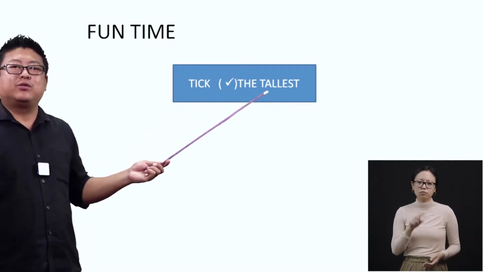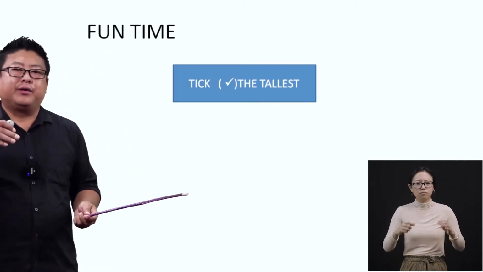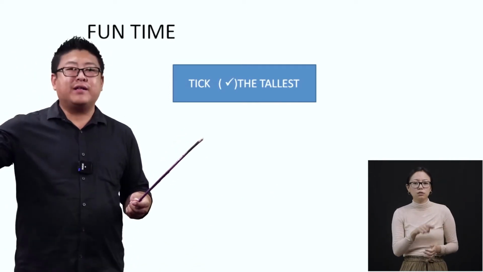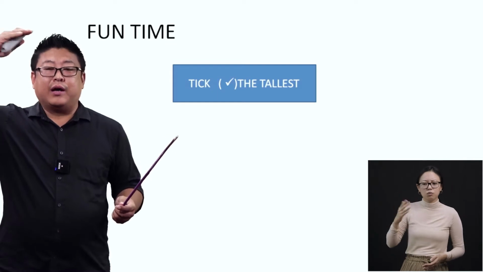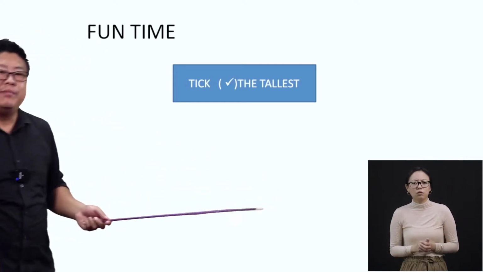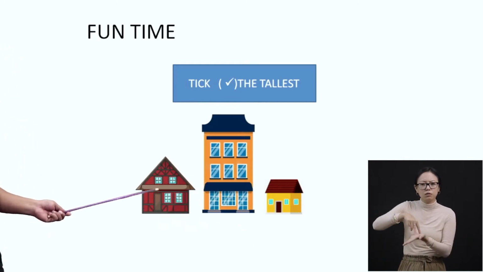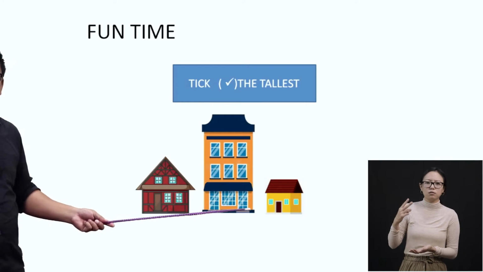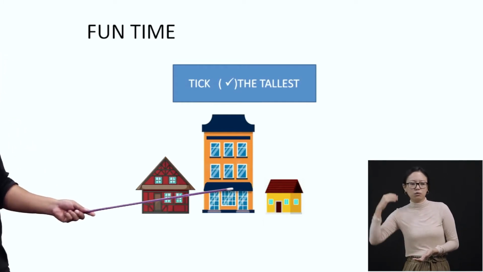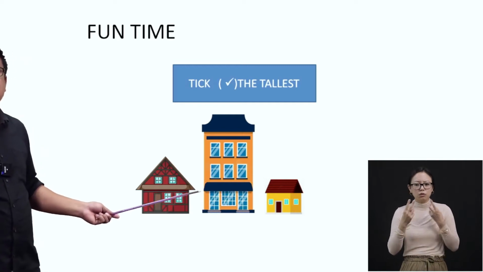Tick the tallest. Tallest means you can compare yourself with your friends, your heights can be compared. You can see who is the tallest. So similarly, here we have one building and one small house, okay? Among the three of them, we have to identify which is the tallest.